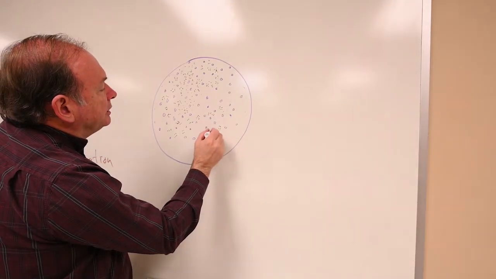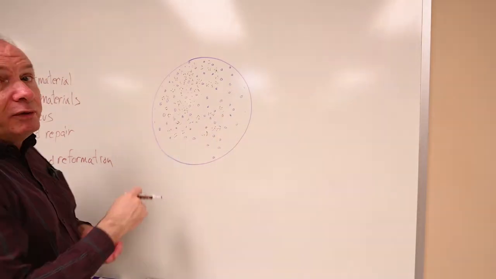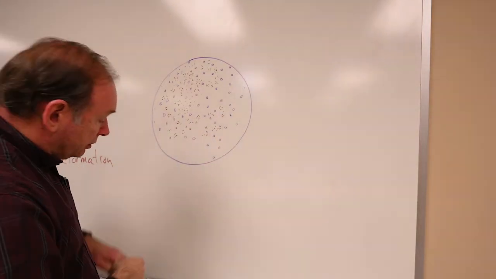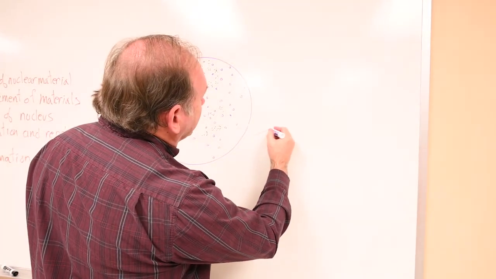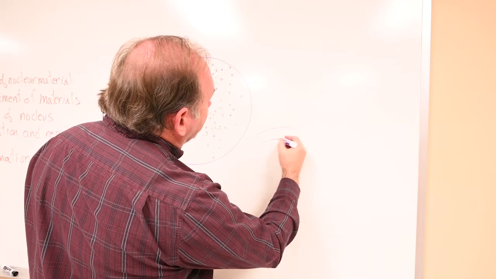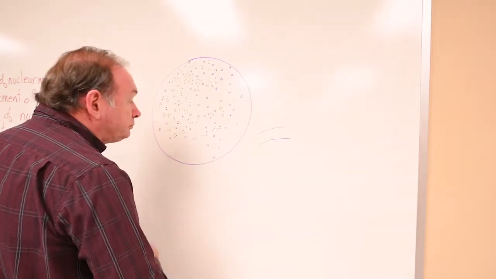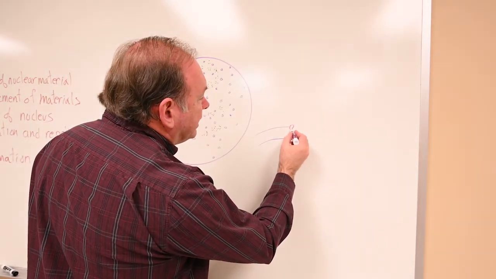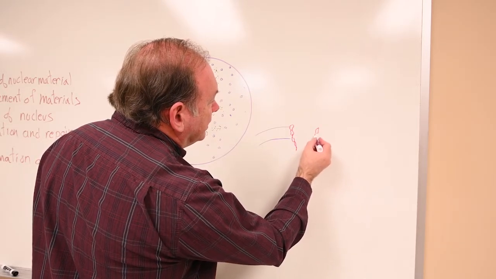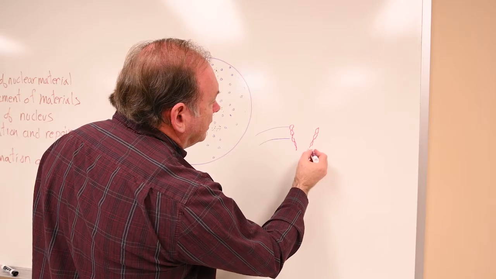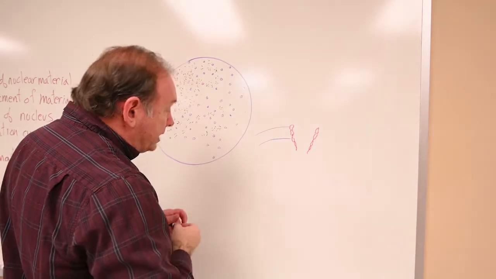Now I'm going to stop doing this for a second and look at a cross-sectional view of the nucleus here. If we were to cut into it, we would see there's an outer layer and an inner layer, and where we have those nuclear pore complexes, there's a fancy arrangement of proteins that extend from the outside layer of membrane through to the inside layer of membrane there.